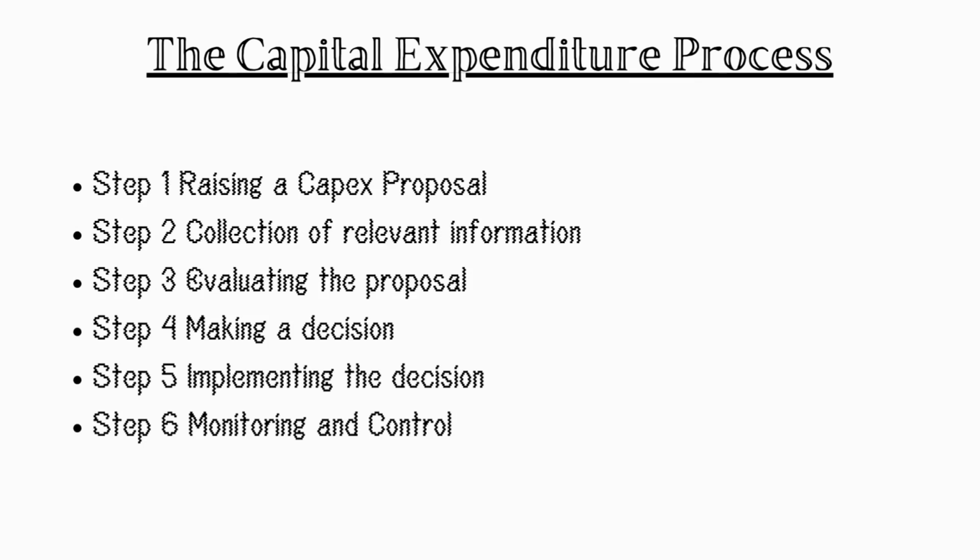The steps involved in making decisions about capital expenditure: step one is raising a capex proposal, step two is collection of relevant information, step three involves evaluating the proposal, step four is making a decision, step five is implementing the decision, and at the end, step six is monitoring and control.